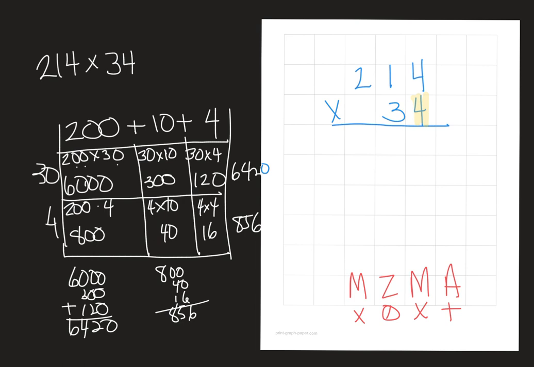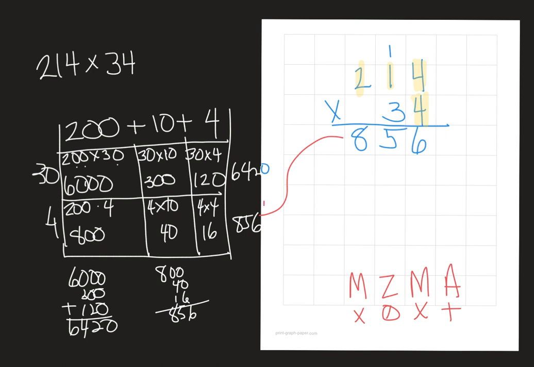We're going to start off in the ones place, and we're going to multiply the 4 times 214, which is exactly what we did in our area model. So 4 times 4 is 16. I'm going to carry that 1, regroup. 4 times 1 is 4, plus 1 is 5. And 4 times 2 is 8, 856.